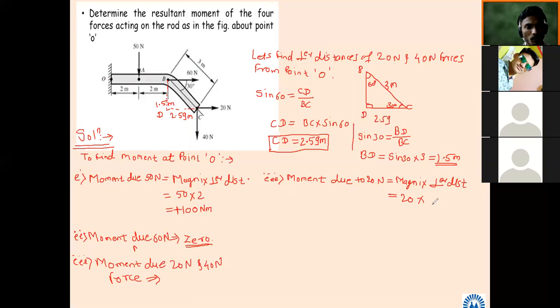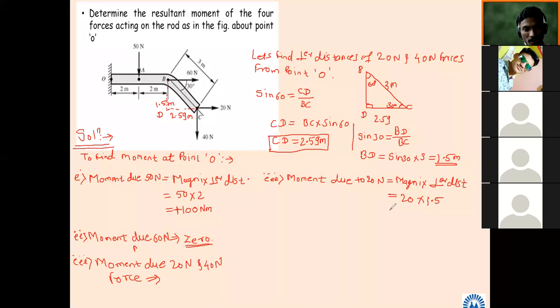Is there an objection to the 1.5 distance? Does anyone have a doubt about how it is 1.5? If there is a doubt, this line of action of the 20 Newton force is not necessary to extend only in the front direction.